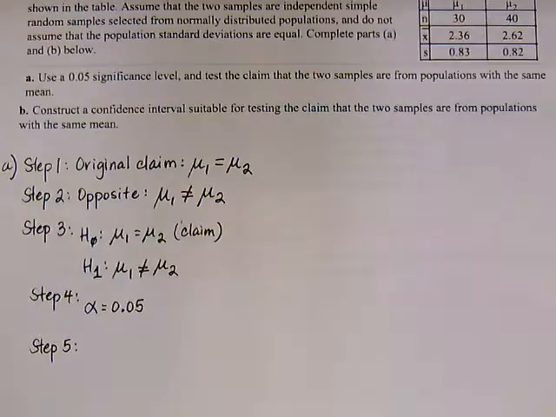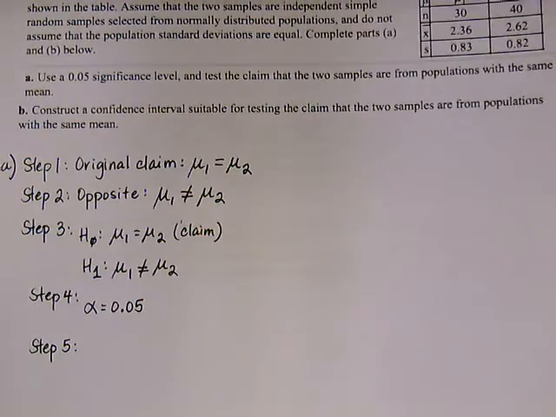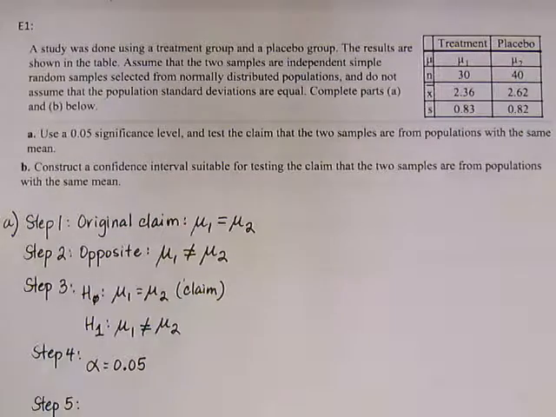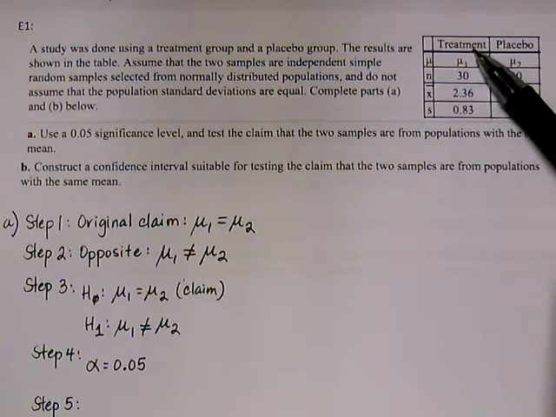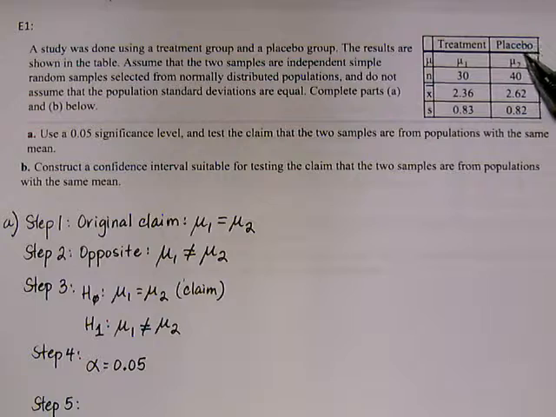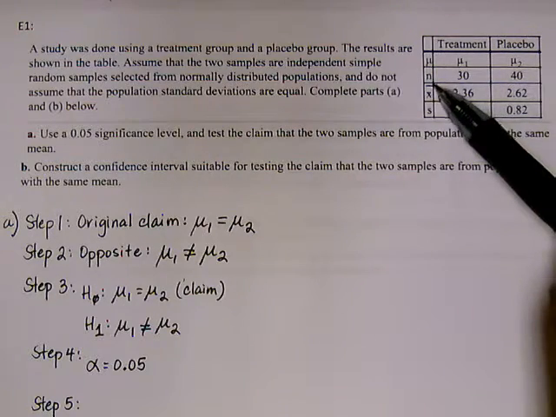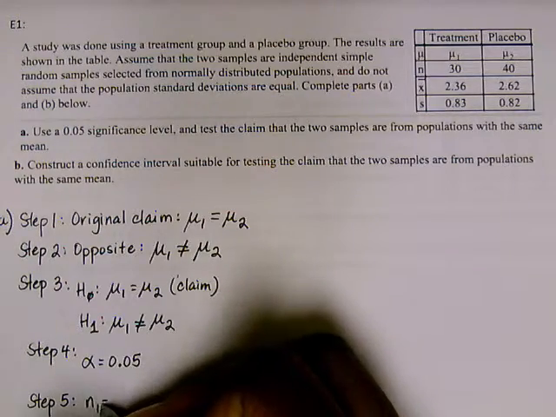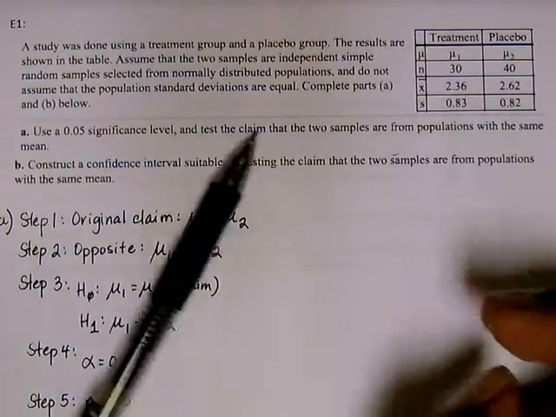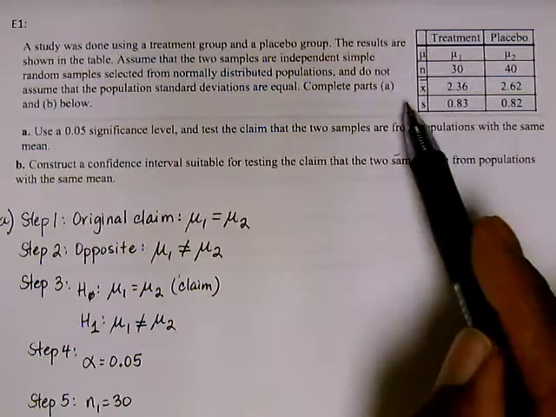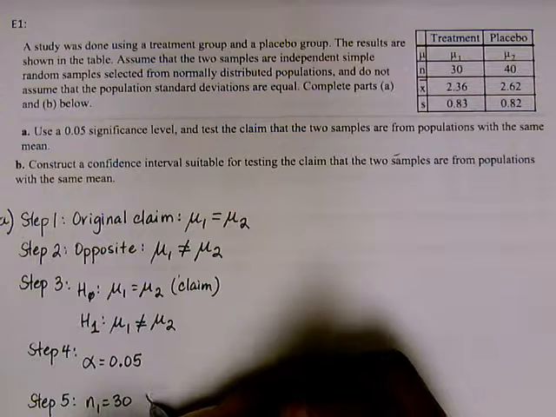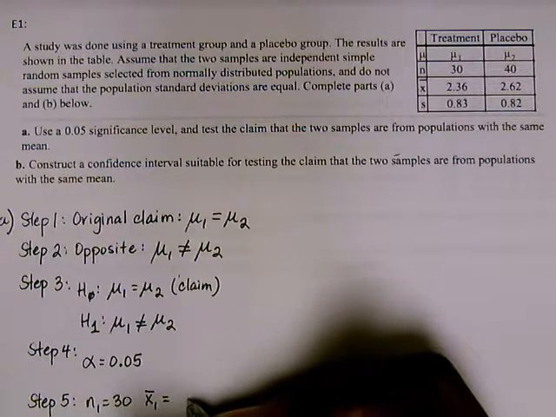Okay, now let's refer back to that table at the top. Here they're letting mu sub 1 be the treatment and mu sub 2 be the placebo. So that means for the treatment, n1 is your sample size. That's 30. X1 bar will be 2.36.